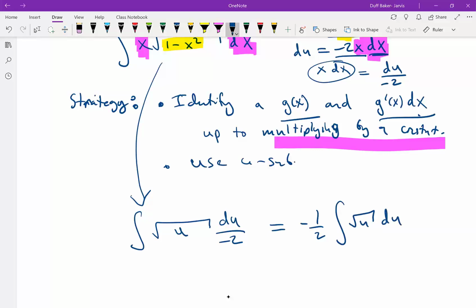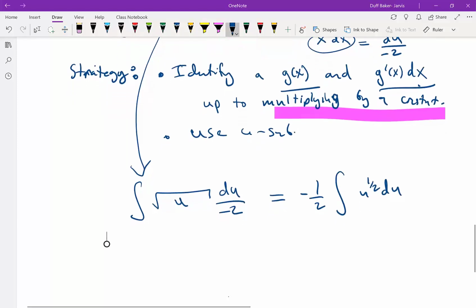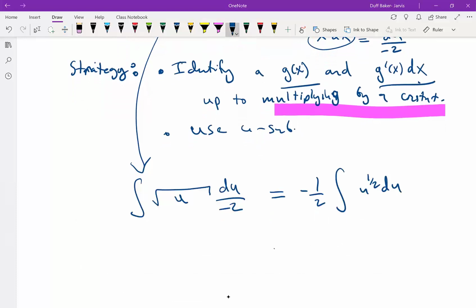And now this is a much easier integral, right? Because square root of u is the same as u to the 1/2. And the antiderivative of u to the 1/2 would be u to the 3/2 divided by 3/2, or times 2/3, plus c.